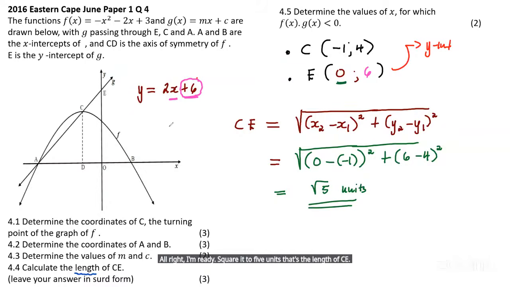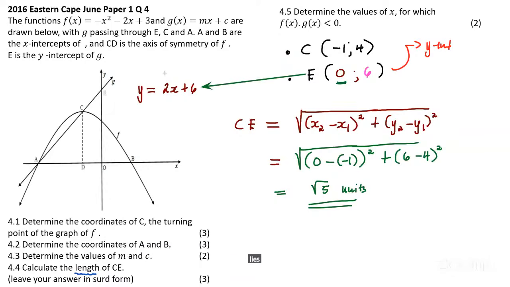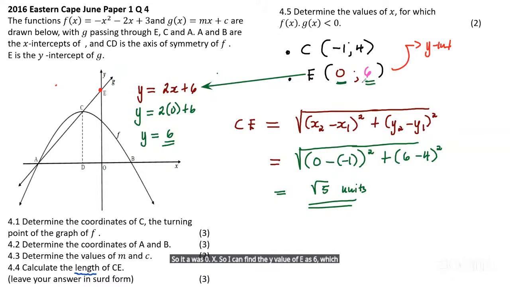So just to reiterate how I got the value of E: remember the point E lies on this graph. E is a y-intercept, so at point E, the x value is 0. So I can find the y value of E as 6, which is what I did here.